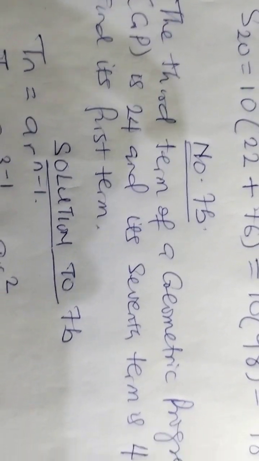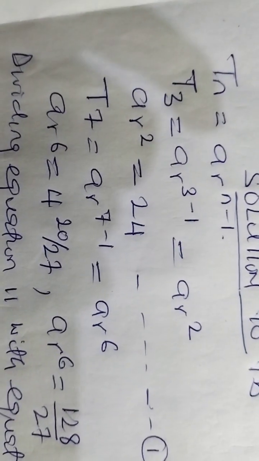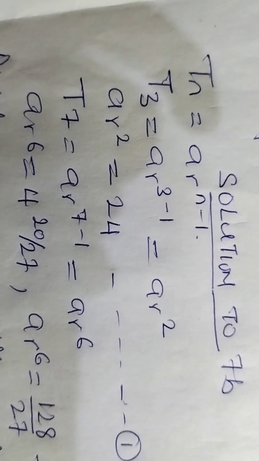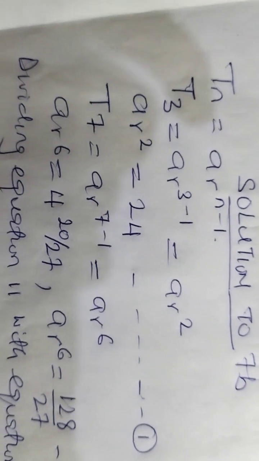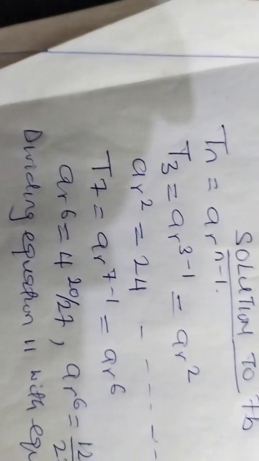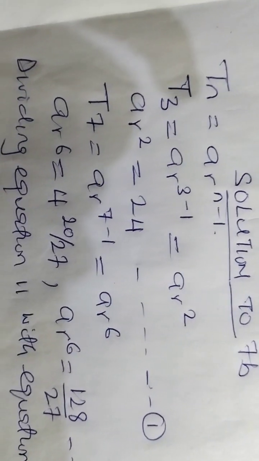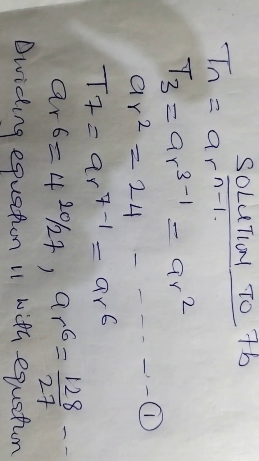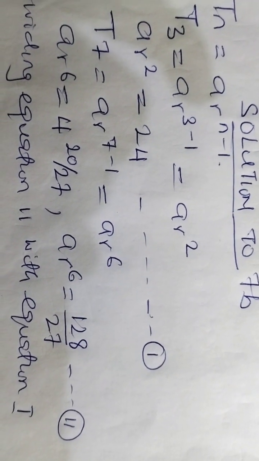We're told that the third term of the GP is 24. So we're going to say A R raised to power 2 equal to 24. That becomes equation 1. Then we get an equation for the seventh term. T7 equal to A R, replacing n now with 7. We'll now have A R raised to power 7 minus 1, which will give us A R raised to power 6.